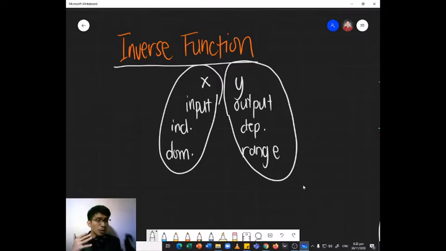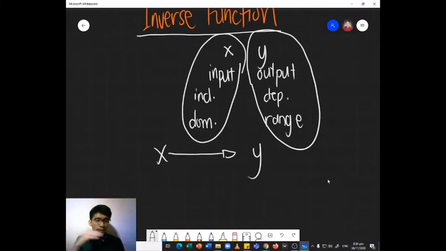This time, y will serve as our independent variable. If the mindset before is x corresponds to y, in the inverse function the mindset is different: y corresponds to x. That's how the inverse function works, again, the interchanging of positions.